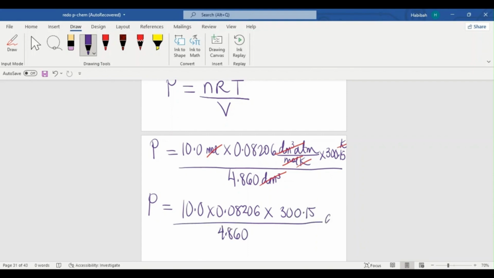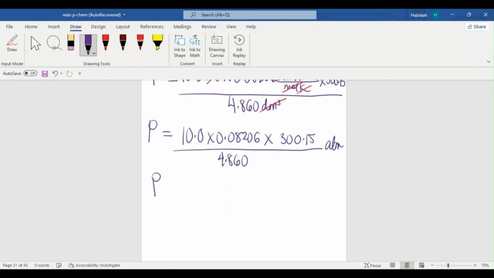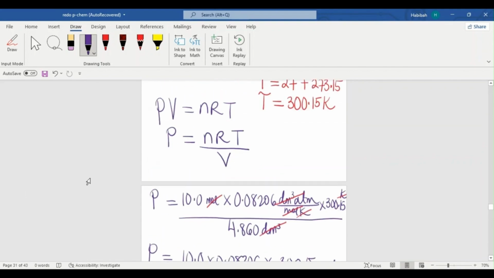All of this information is in atmosphere. When you input this in the calculator, you end up getting pressure is equal to 50.67465 atmosphere.